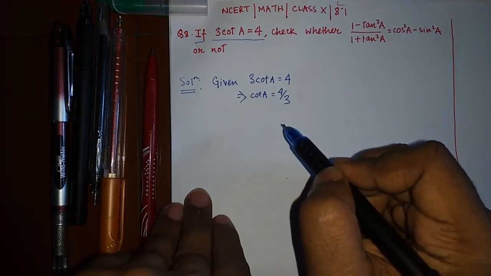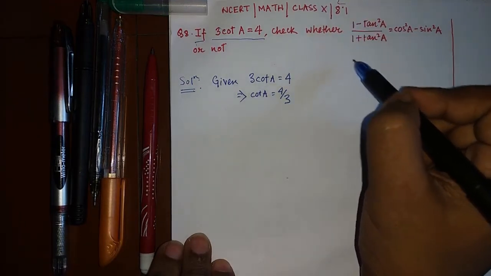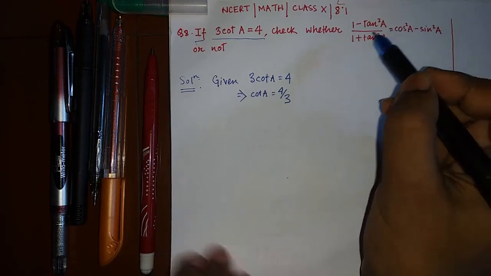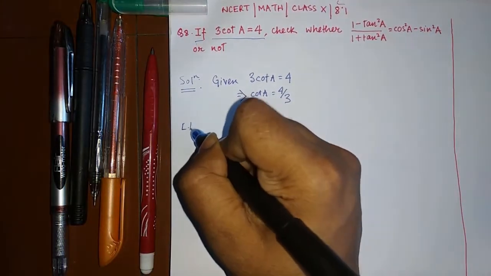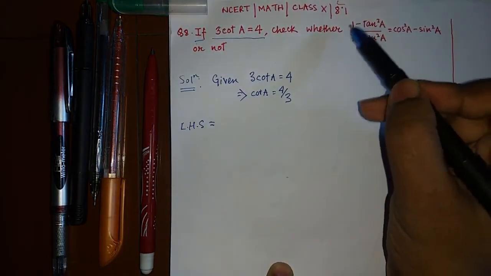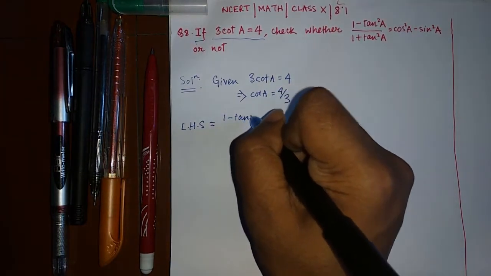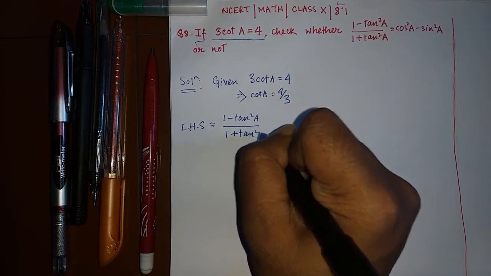Okay, so now we need to find the value of the expression of the left hand side, which is (1 minus tan square A) by (1 plus tan square A). Let's write it. LHS, abbreviation for left hand side, equals this expression, (1 minus tan square A) by (1 plus tan square A).